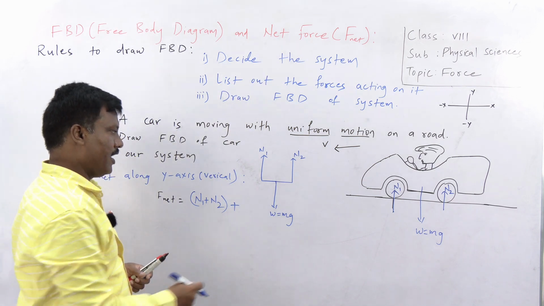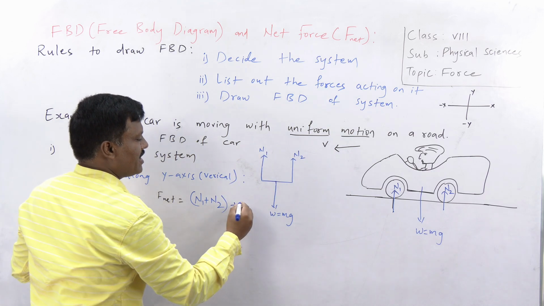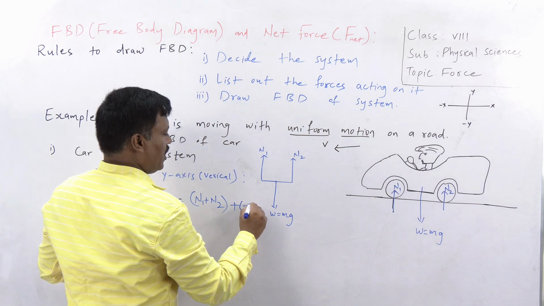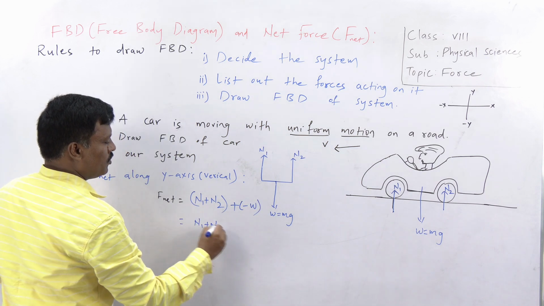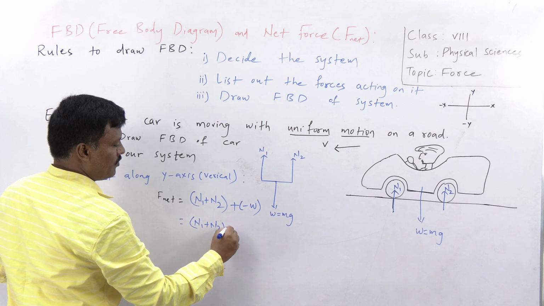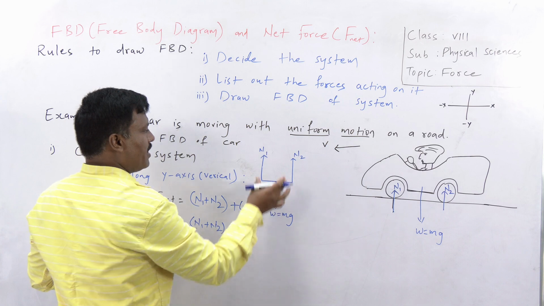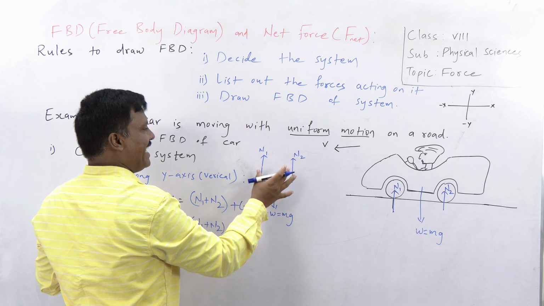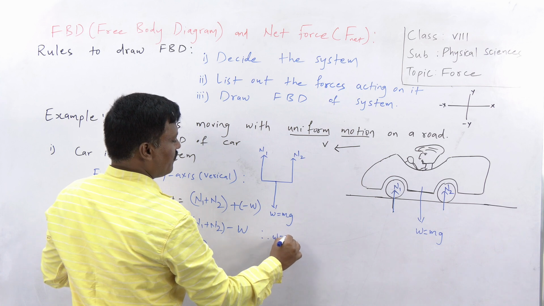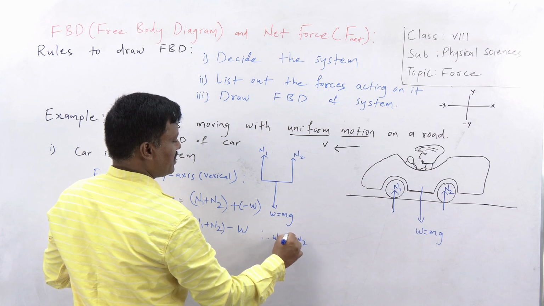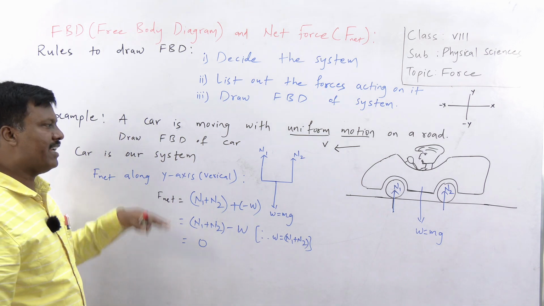But here gravitational force is opposite to the normal forces, that is why we consider minus gravitational force. Then N1 plus N2 together one resultant of one force minus this gravitational force. Finally net force is 0 because these two forces are equal in magnitude with the gravitational force, because gravitational force and these normal forces are balanced. That is why net force is 0 along the y-axis.